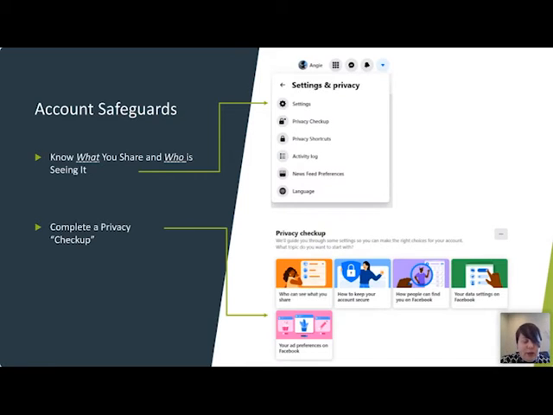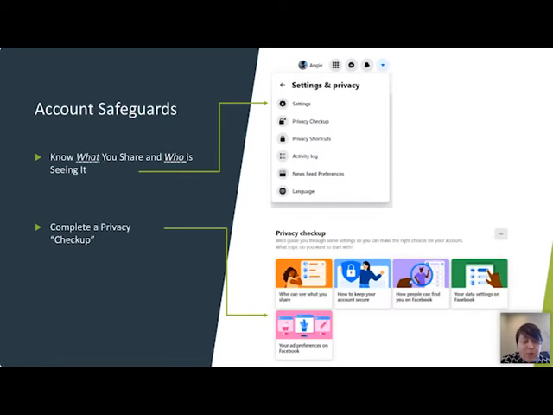Facebook and Instagram do checkups. The checkups allow you to just follow some prompts, so complete a privacy checkup. This is just in your settings. I have some screens coming in for just myself that show proactive prompts inviting you to do a checkup.